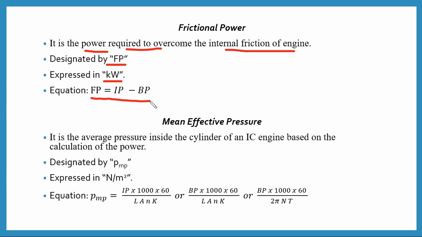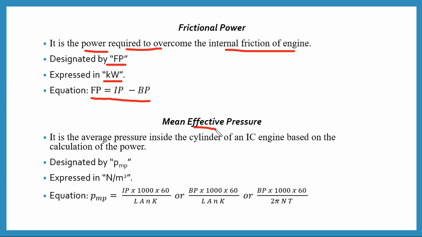Next is mean effective pressure. The mean effective pressure is the average pressure inside the cylinder of an IC engine, which is based on the calculation of the power.